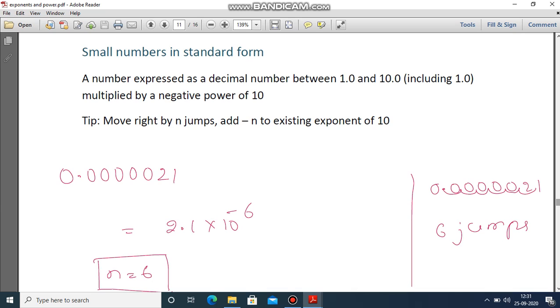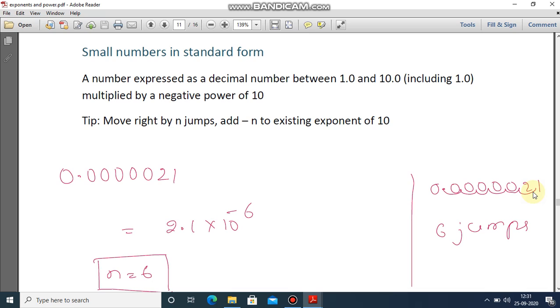See, I have given 0.000002 1. So here, after the decimal point you should jump to the right. 1 2 3 4 5 and 6. That will become 2.1, which lies between 1.0 and 10.0.